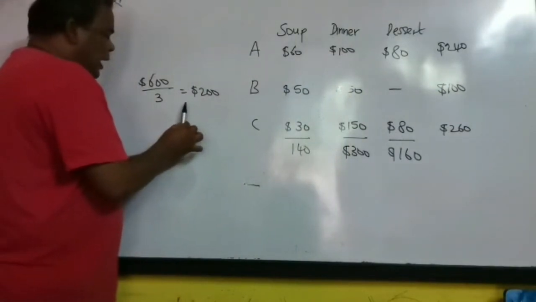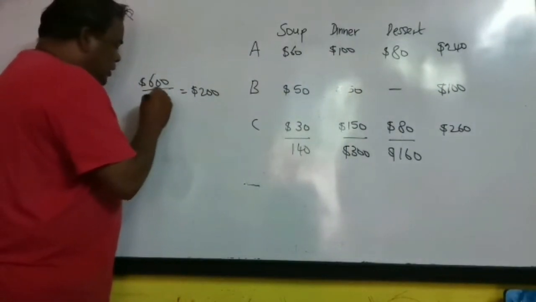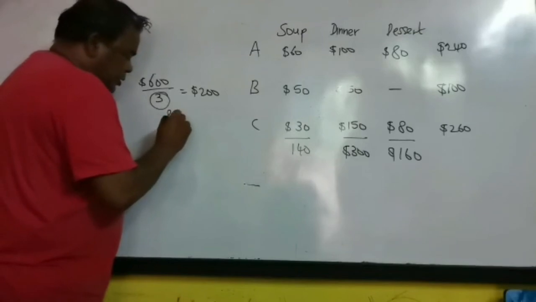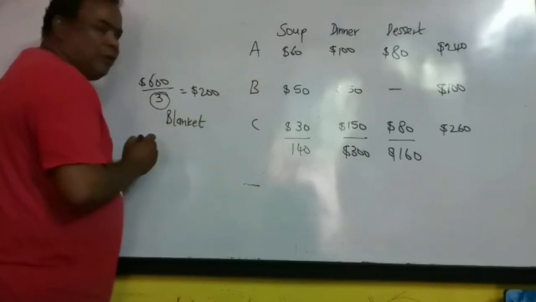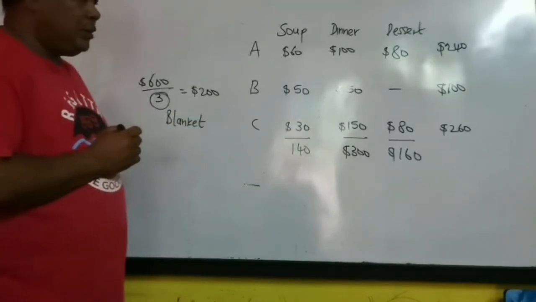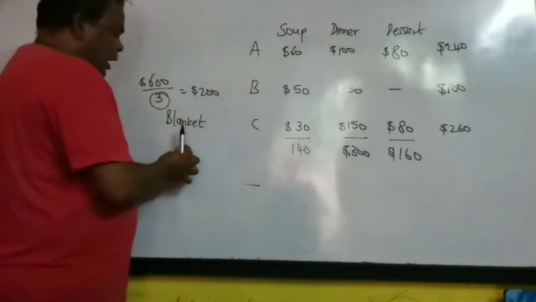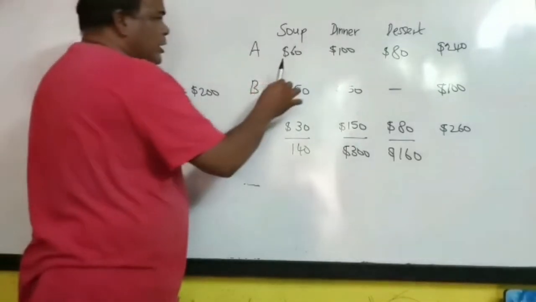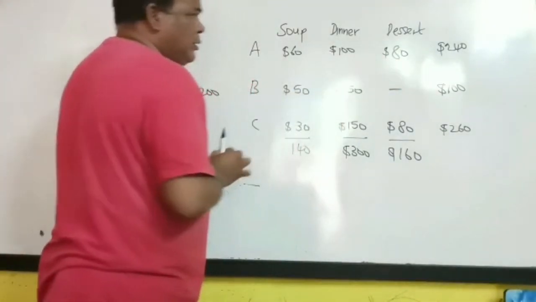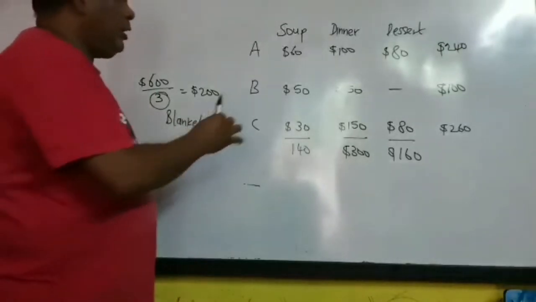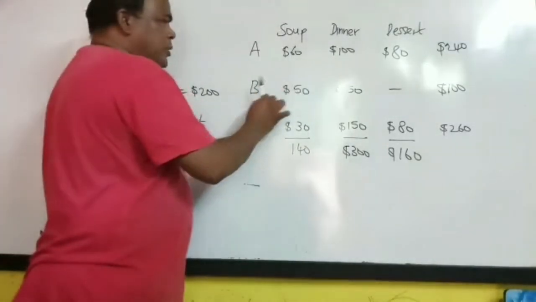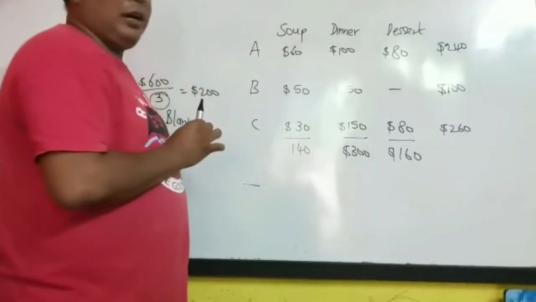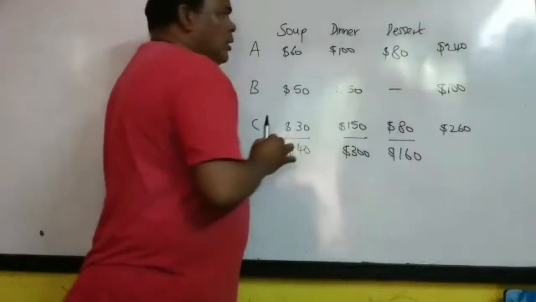The cost per unit has been calculated by using a blanket rate. This is called a blanket rate, the number of persons. Else, it could have been calculated individually for each. A has taken soup $60, dinner $100, and $80 for dessert.